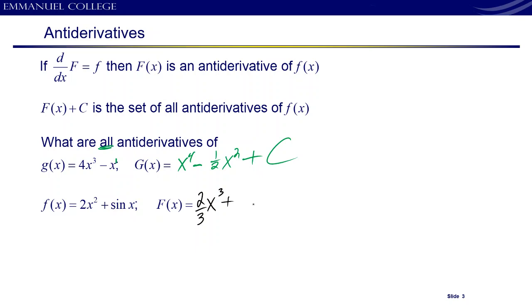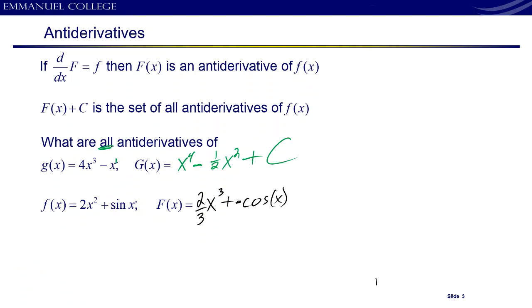Now I'm going to do plus. What would I take the derivative of to get sine? Well, if I take the derivative of cosine, I get negative sine. All right, that's a good start. But if I do plus cosine of x, that doesn't work out.